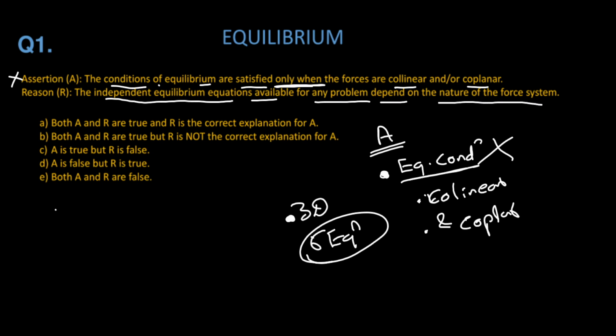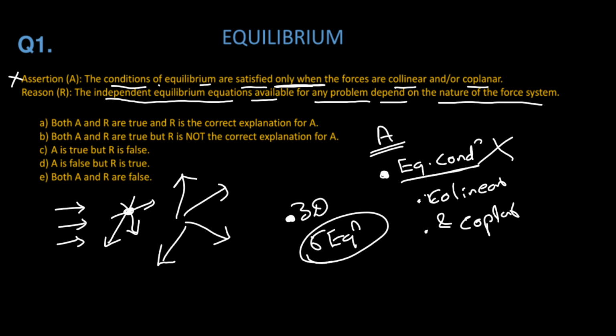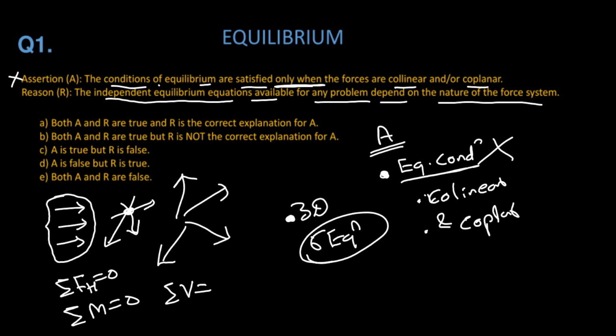We have seen the nature of force systems: a parallel force system, a concurrent force system, where they meet at a point, or a coplanar force system for 2D, or any combination of forces. In a parallel force system we have only equations like net force in the horizontal direction is equal to 0, or net moment is equal to 0. We cannot apply net vertical force equal to 0 because there is no vertical force. So only two.